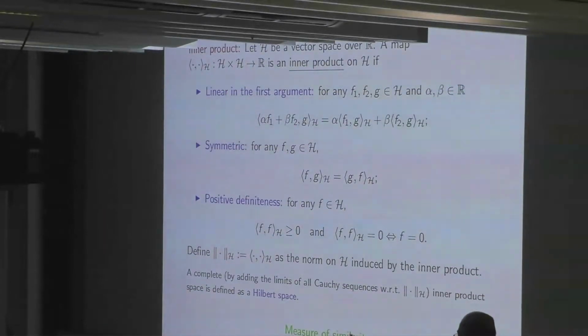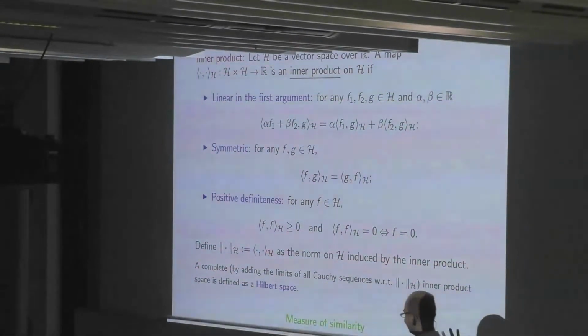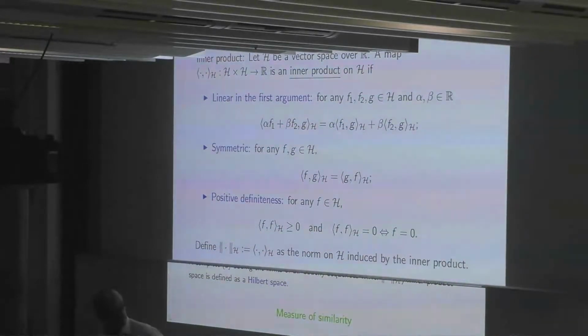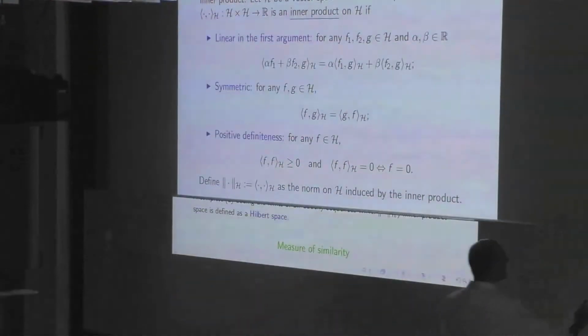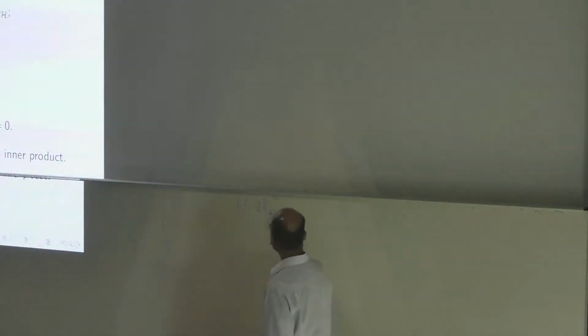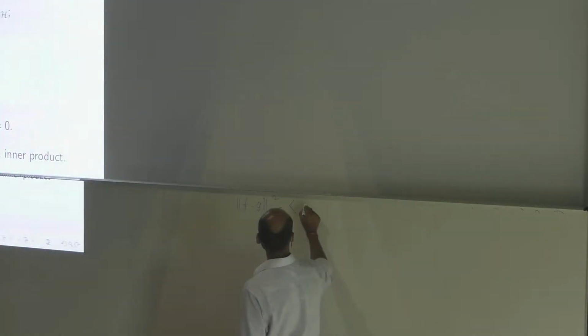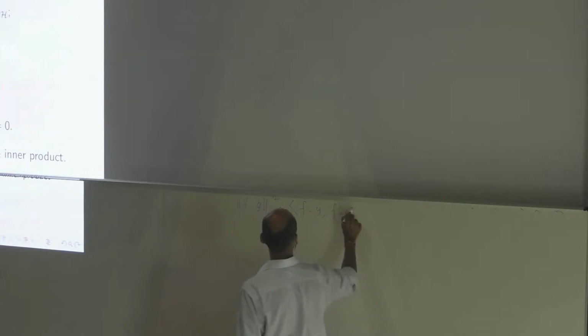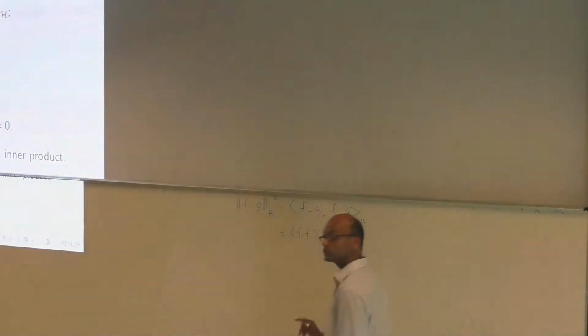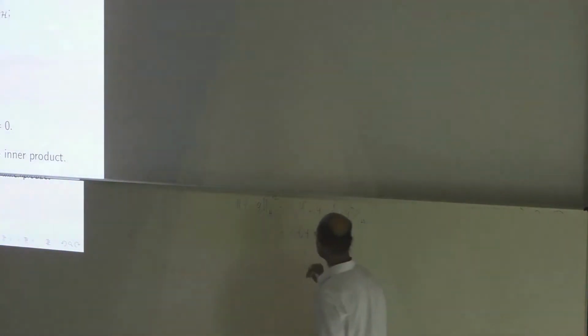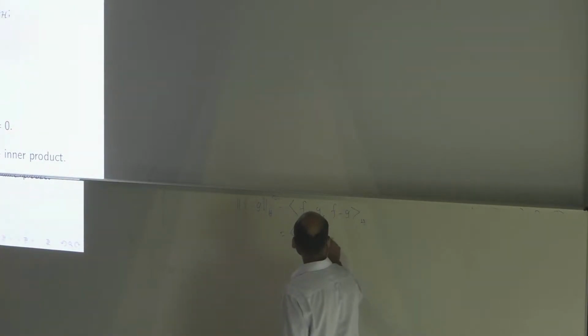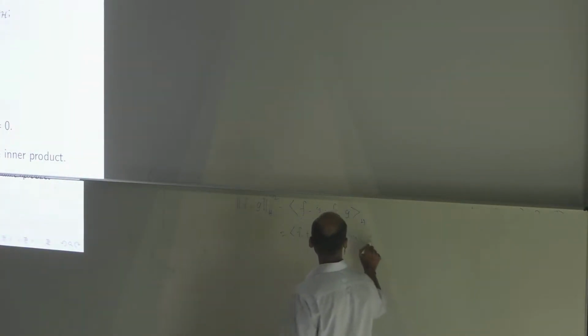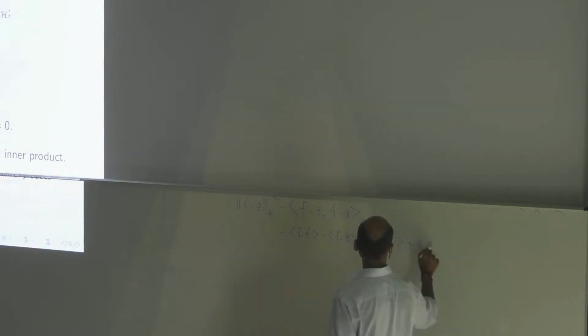Okay, so this is a measure of similarity, right? Why? Because if I take the distance between 2 objects, say ||f - g||², from that definition this is <f - g, f - g>, and it's good to do this because we'll be doing something like this in the second lecture. This gives <f,f> - <f,g> - <g,f> + <g,g>.